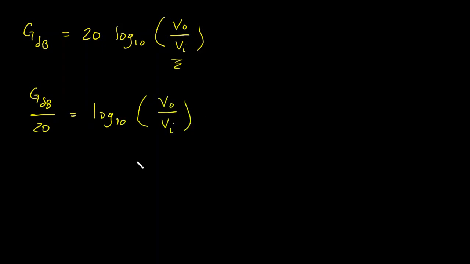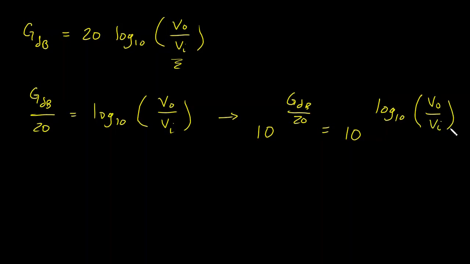All right, so now we want to use each side of the equation as an exponent with a base of 10. So we're going to do that over here. We'll say 10 to the G dB over 20 equals 10 to the log base 10 of V out over Vn.